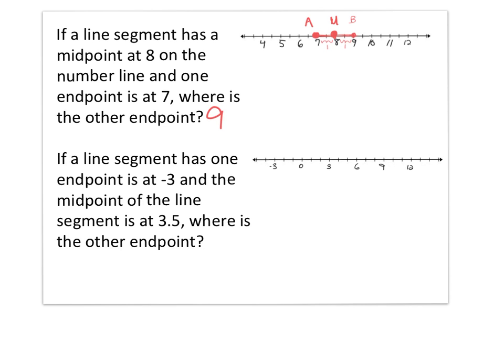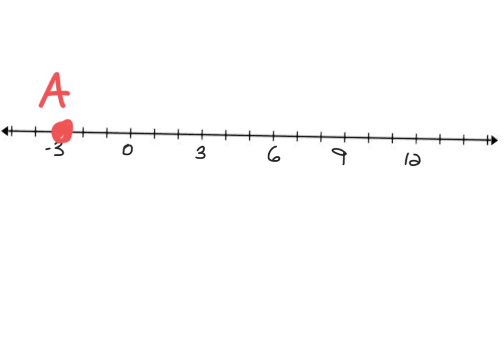In the next example, if a line segment has one endpoint at -3, so let's say that's point A, and the midpoint of the line segment is at 3.5, where is the other endpoint? Well, I didn't skip any lines, I just only numbered by 3s, but so 3.5 would be here for the midpoint.